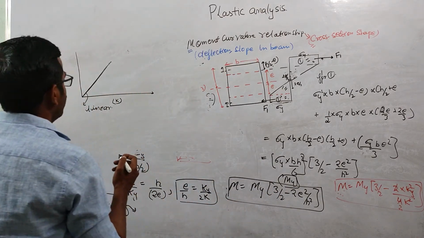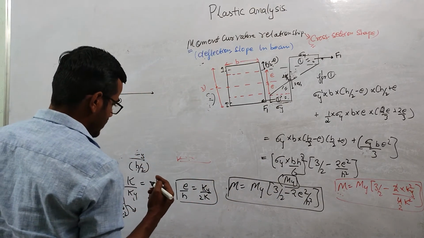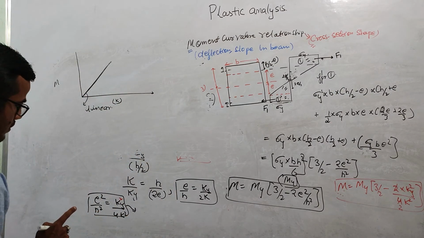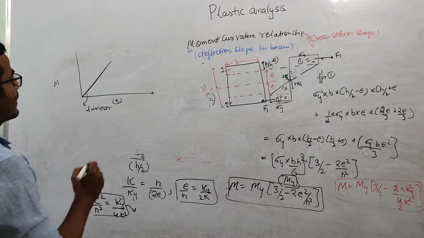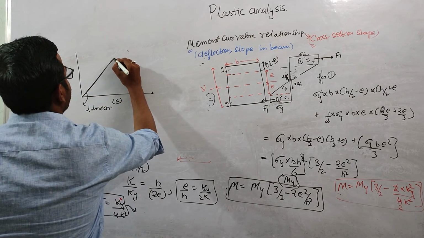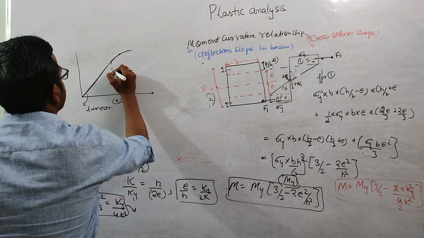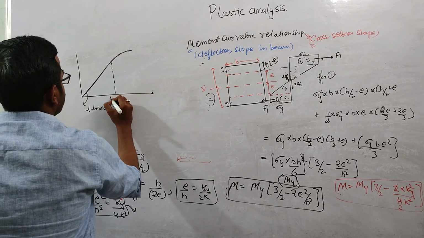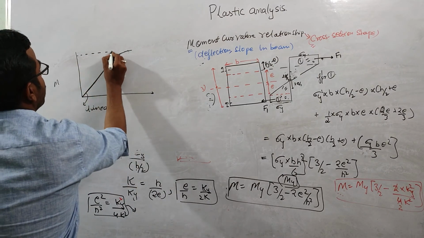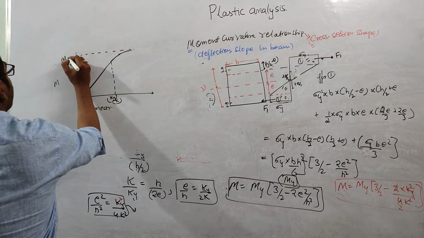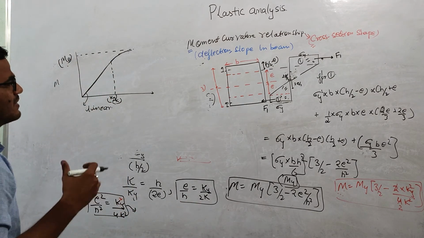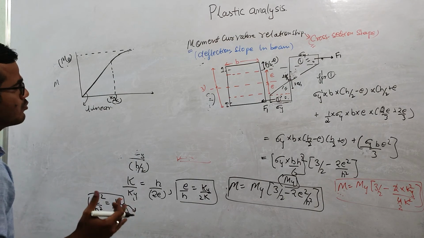When E is basically 0, you can see that the curvature tends to be infinite. So after that part, there will be some curve. This is basically the ky up to the elastic part. And when E equals 0, we are getting this MP value. The curvature tends to be infinite.